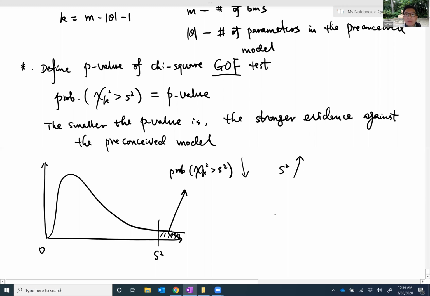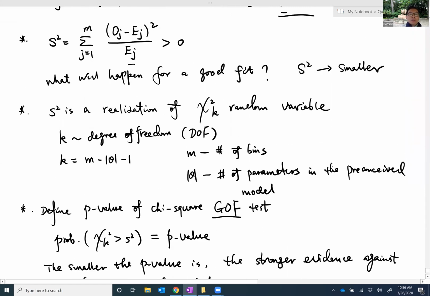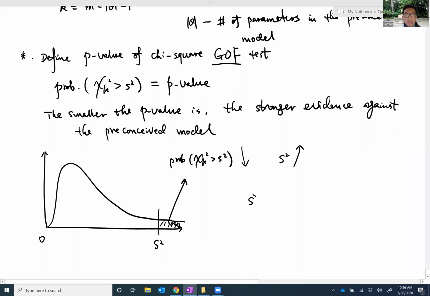So what is S squared? You see here, S squared equals the summation J from 1 to M of (OJ minus EJ) squared divided by EJ.